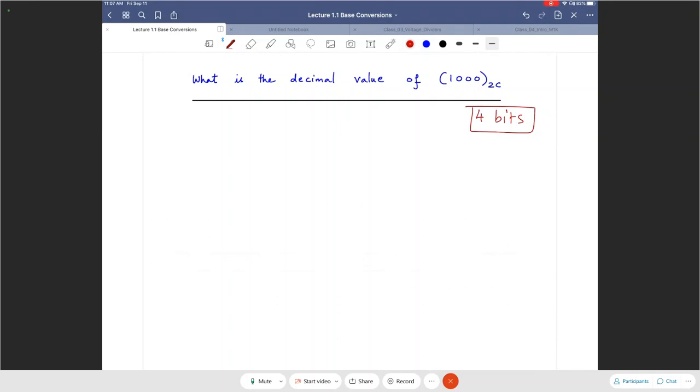In 2's complement form, it'll be something else. 4 bits. So first of all, let's decide whether it's positive or negative. Positive or negative? Negative. All right. Negative is right. The most significant bit is 1, so negative number. Beautiful. What is the value?